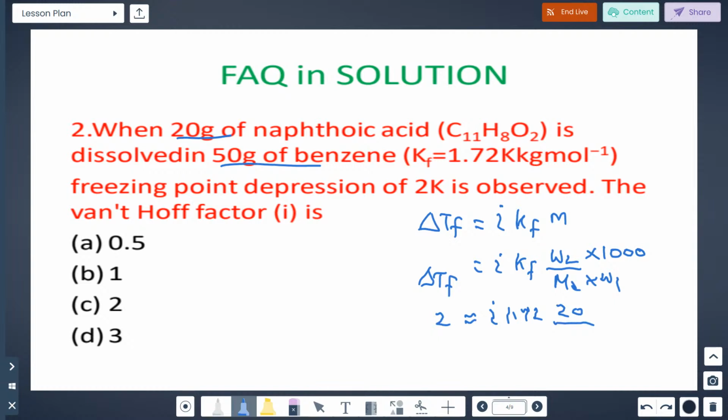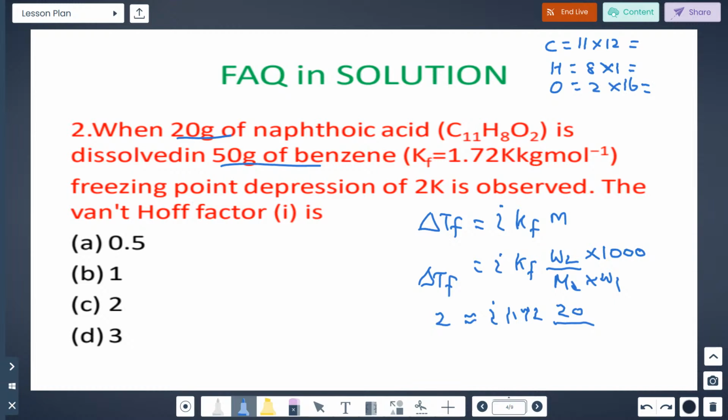Carbon is 11 into 12. Understood? Hydrogen, there are 8 hydrogens, 8 into 1. Oxygen is 2 into 16. If you add all this, we get the value.